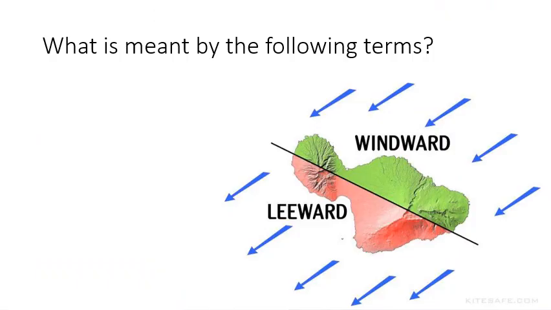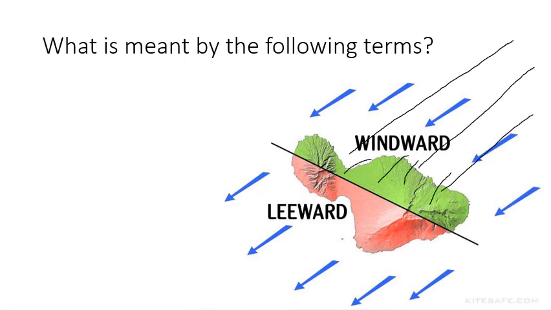Now we have these two terms here, windward and leeward. If we're talking about an island that's out in the middle of the ocean, you're going to have wind come across an island, and it tends to always follow a certain pattern. The windward side of an island is the side where the wind is coming off of the water and onto the island.